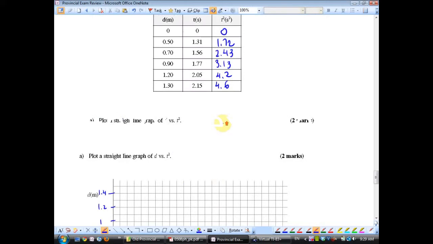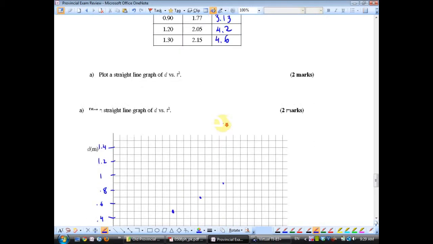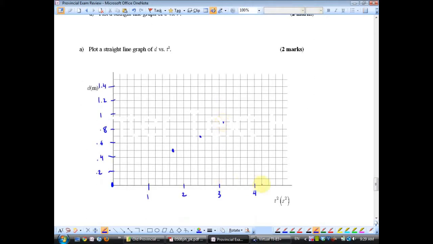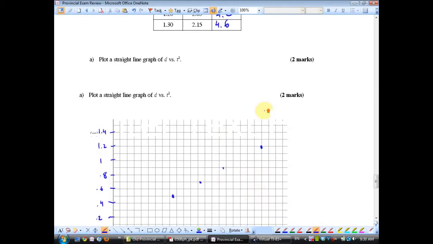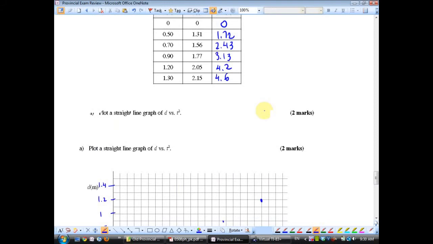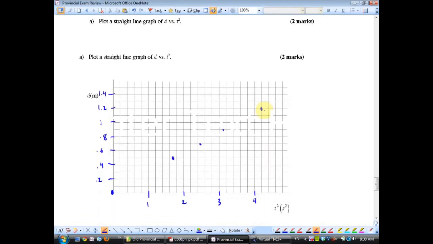Getting roughly a straight line. 4.2 goes through 1.2, about there. And 4.6 goes through 1.3.